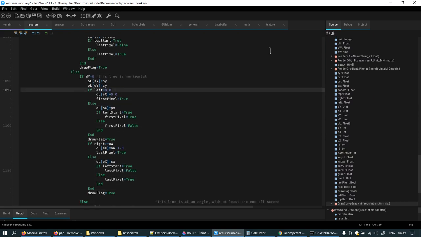If left is less than 0, well, sx equals 0. That should be right. Those two I think are right.